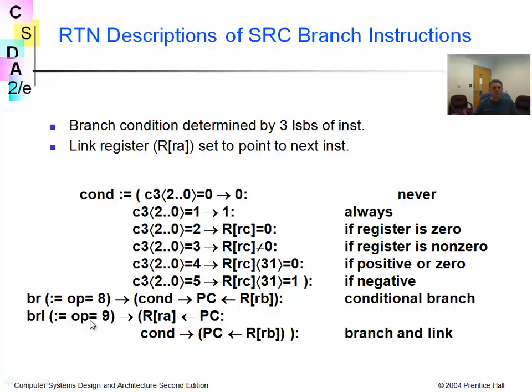It's like a function call: once you return, you start from the next instruction. So if the opcode is 9, first we load the content of PC to R of RA, and then if the condition is true, because we want to jump, we load R of RB into PC, and that's the new address we want to jump to.